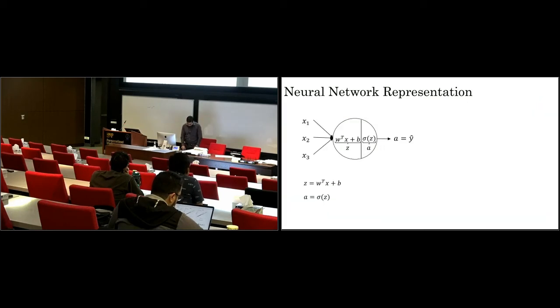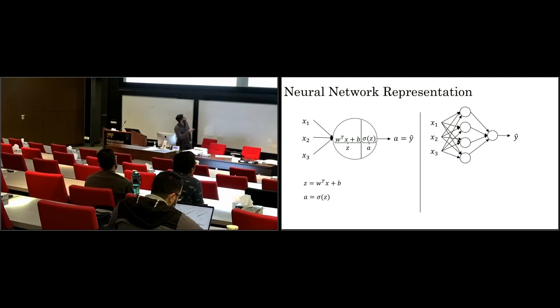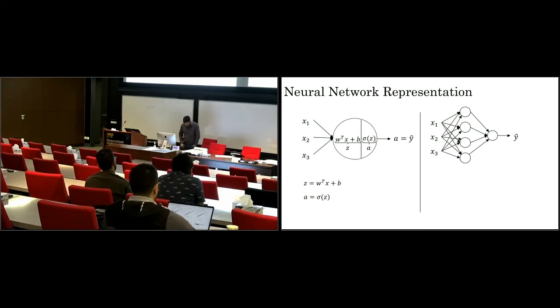So again, just to explain that we are doing this step. We're just calculating Z's, which is the output following the matrix multiplication, and then an A, which is the output following the activation function.